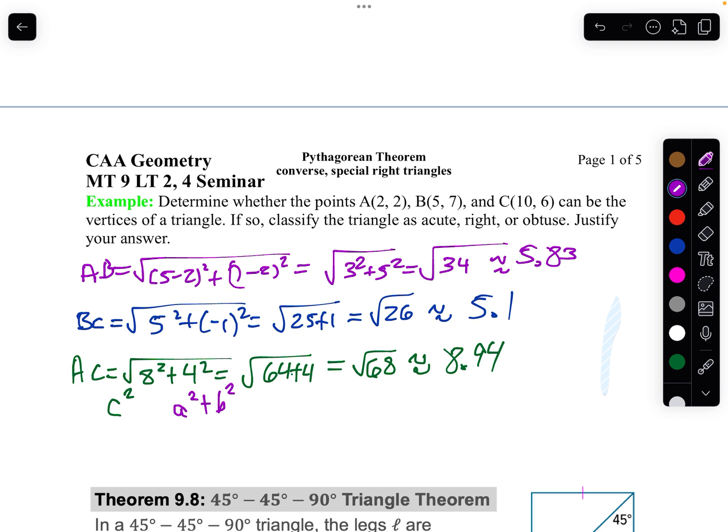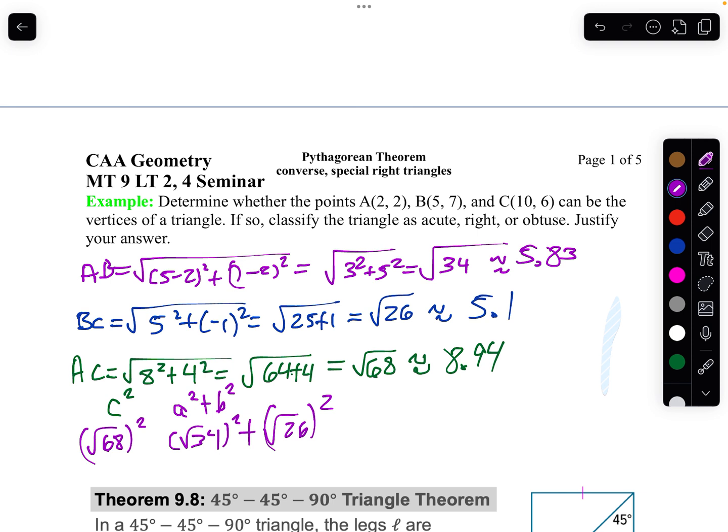So I'm going to say the square root of 68 squared. I'm going to compare that with the square root of 34 squared. Let me rewrite that. Plus the square root of 26 squared.